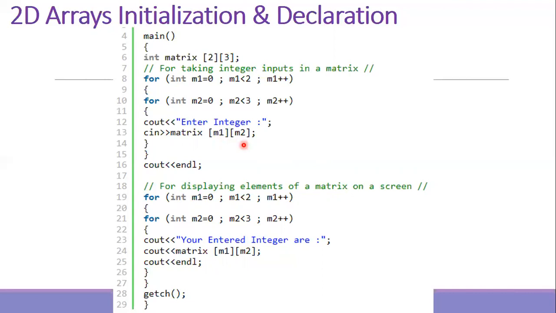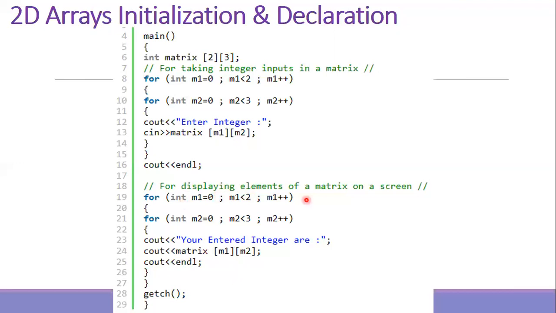Again in the next iteration, the value of m1 will be 1, then 1, 0, 1, 1. In this way, the array will be filled. User will enter the values, and these values are controlled with the loops, and according to that, the values will be stored in the 2D array.